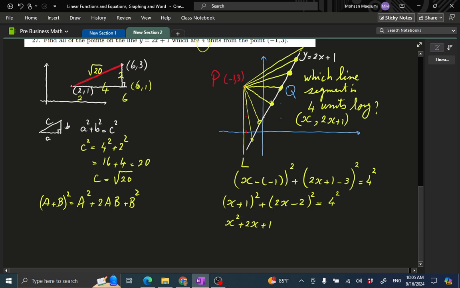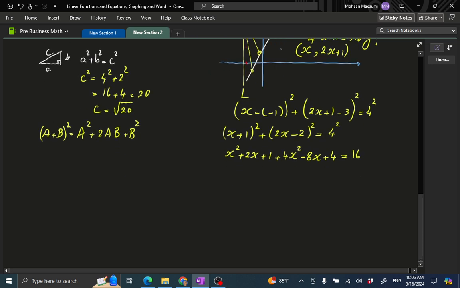2x squared, well, that's going to be what? 4x squared. Twice the first and the second: 2 times 2x times minus 2. All of it boils down to minus 8x. Second item squared, minus 2 squared becomes plus 4. And the right hand side is my 4 squared, which is 16.